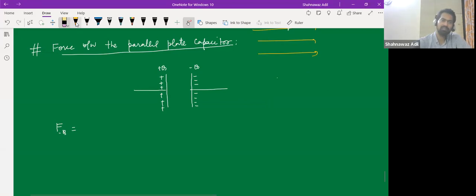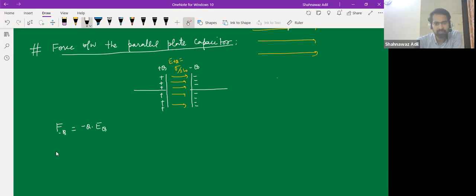the electric field due to this positive plate is in this direction, and let me write it as E plus Q. This is sigma by 2 epsilon naught, right? So force on minus Q would be minus Q into the electric field due to Q charge.